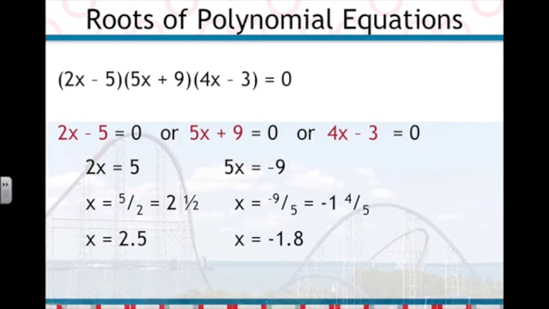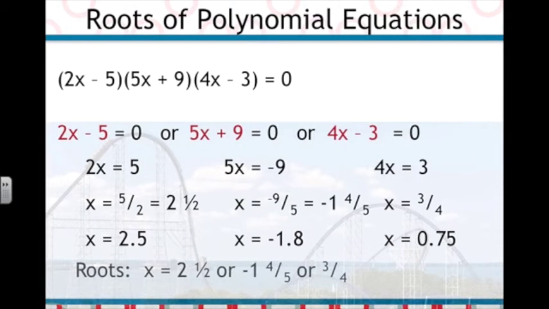For our third equation, we need to add 3 to both sides to get 4x equals 3. Then we divide by 4, and 3 over 4 is 3/4, or 0.75 as a decimal. Now we know all 3 roots of the equation. X equals 2.5, or negative 1 4/5, or 3/4.